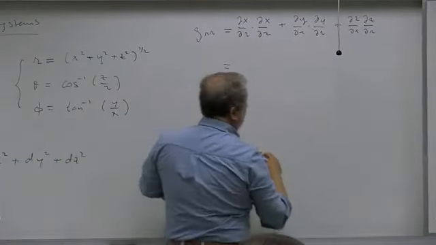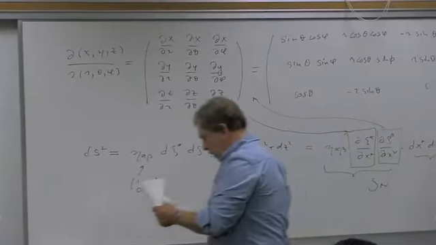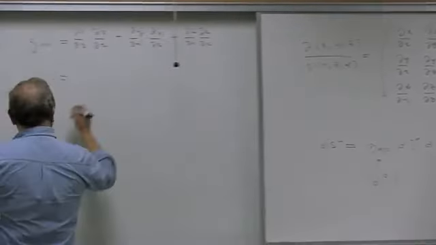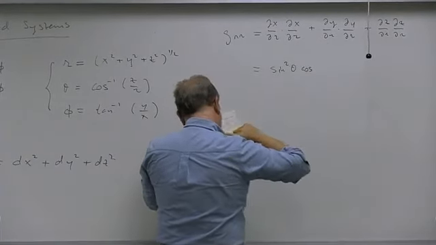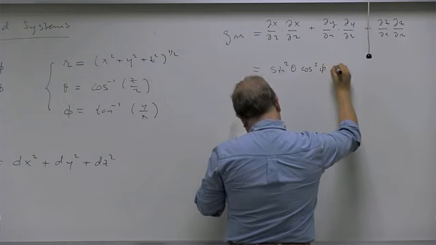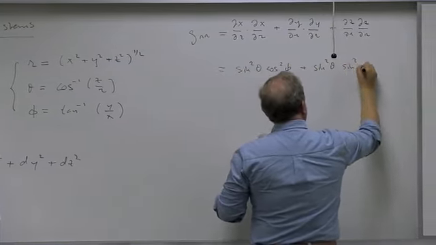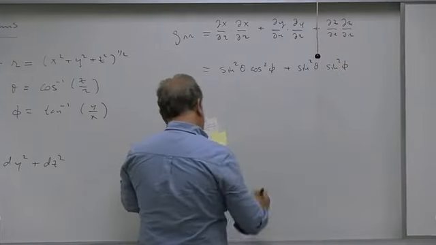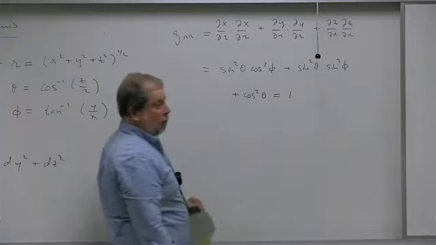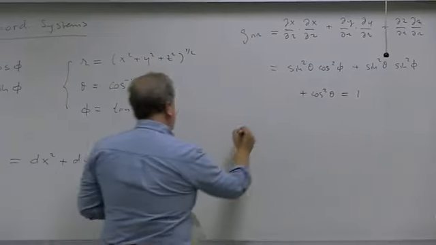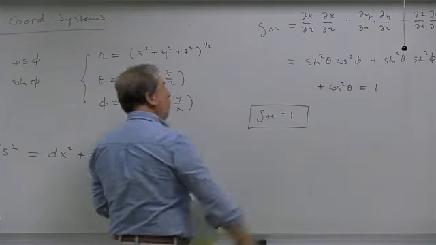Now we look this up. dx by dr is this entry here, so we need to square it. So it's equal to sine squared theta cos squared phi plus sine squared theta sine squared phi plus cos squared theta. And so that all adds up to 1.